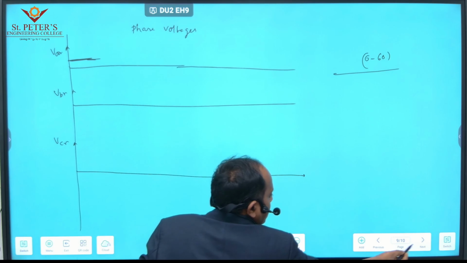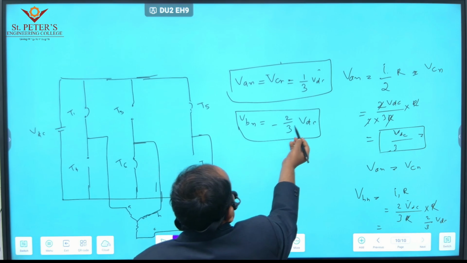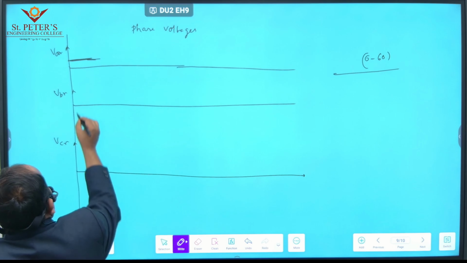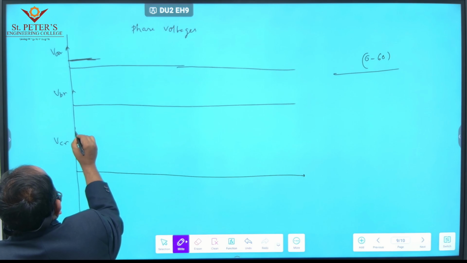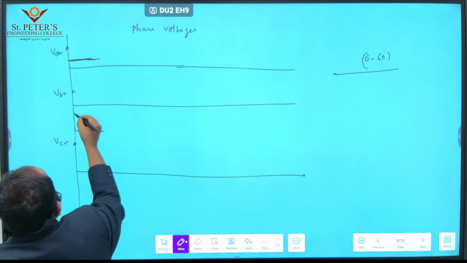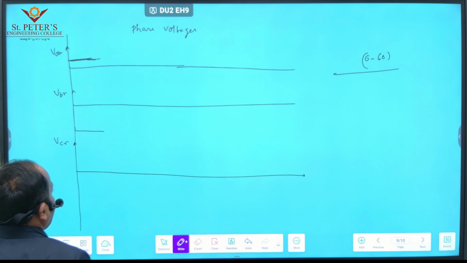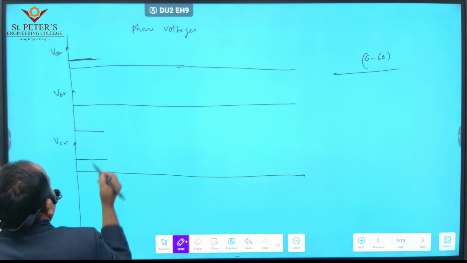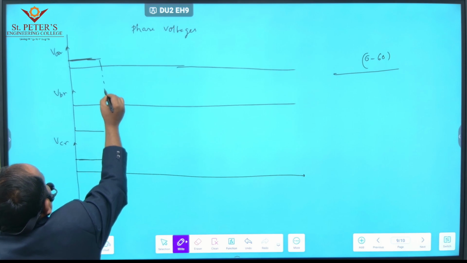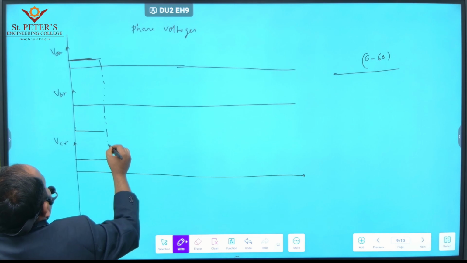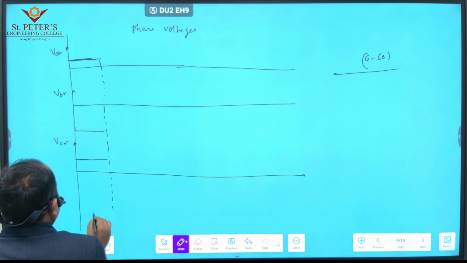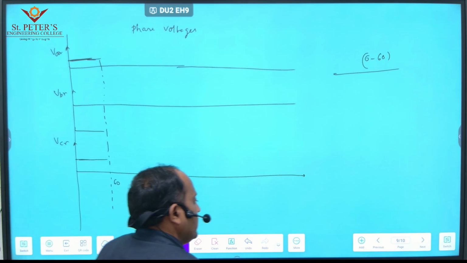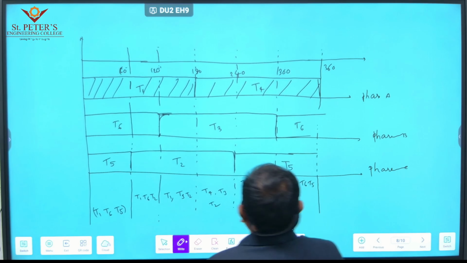We are getting VBN as minus 2 by 3 VDC. So it is like this. Its magnitude is double that of VAN, and VCN is also 1 by 3 VDC for 0 to 60 degrees. And the same we have to calculate.